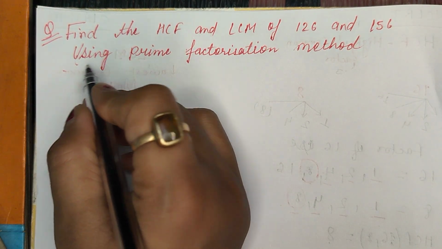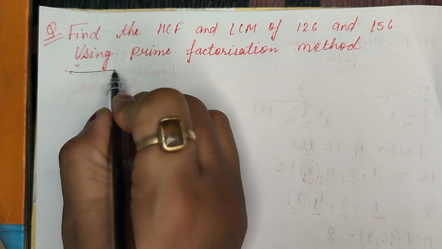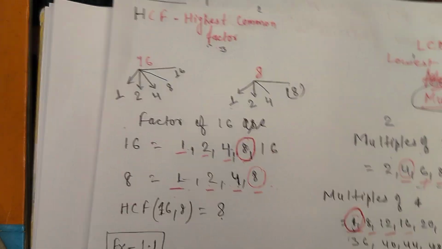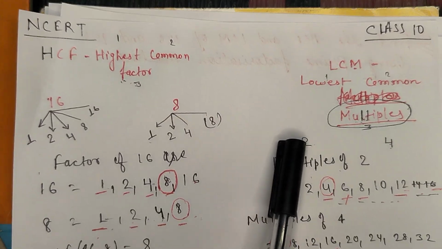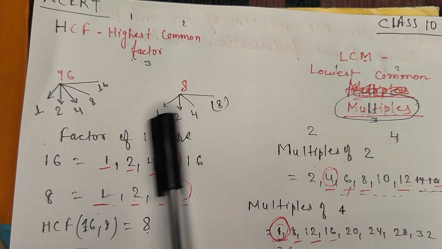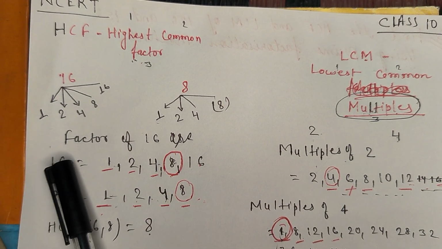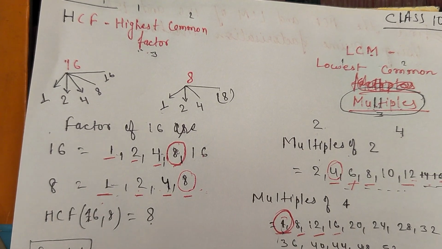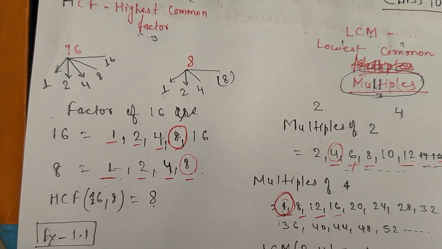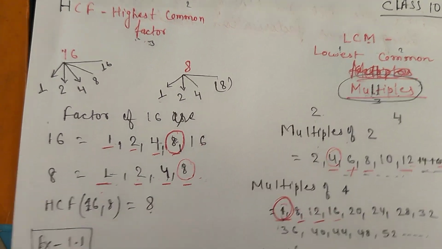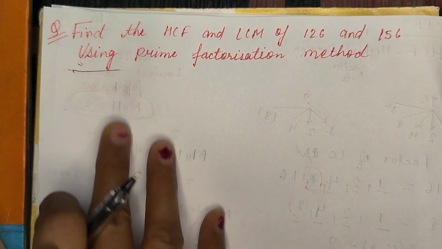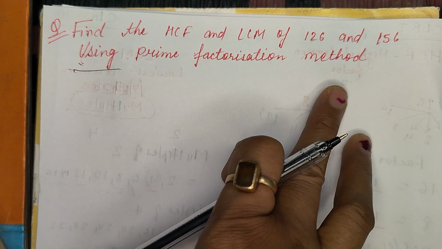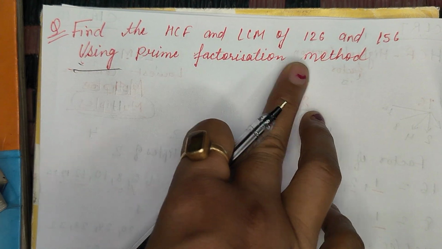The question says to use a different method because solving it the other way is very lengthy and difficult. First you find factors and multiples, then take the common ones. It is a very long method. So we use the prime factorization method to solve this question.